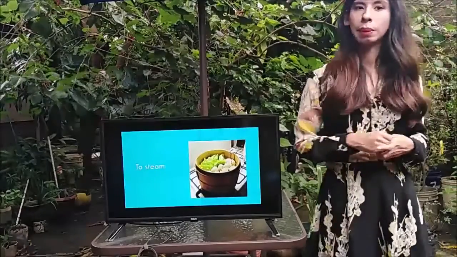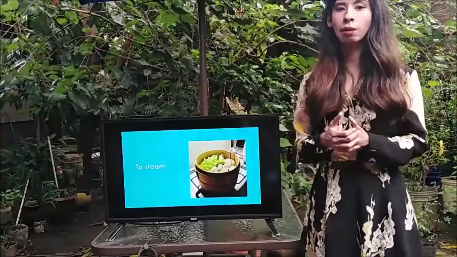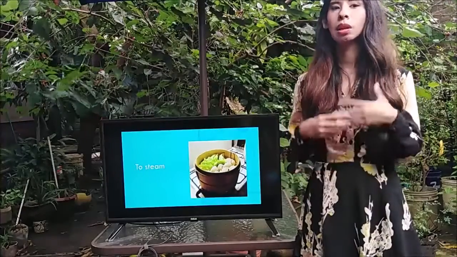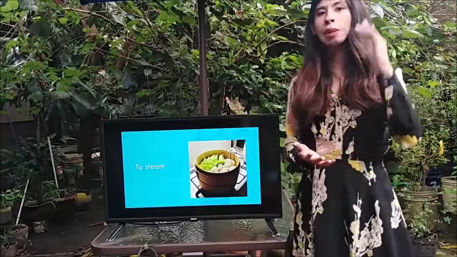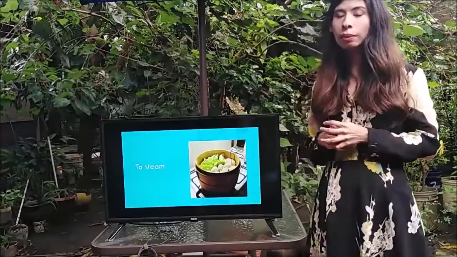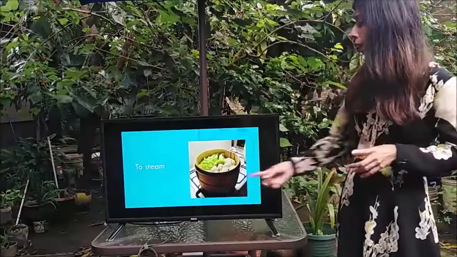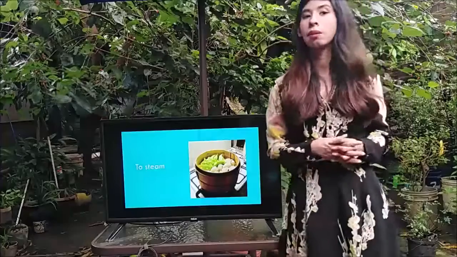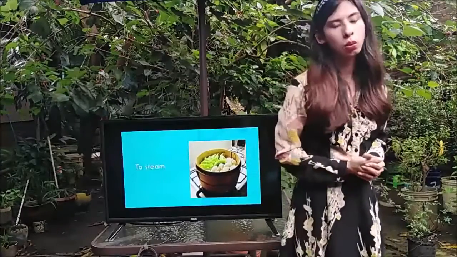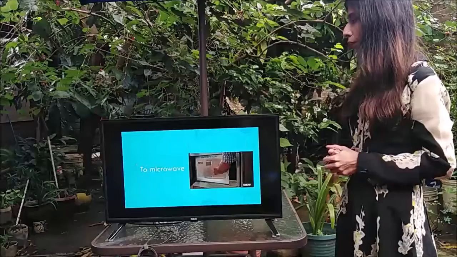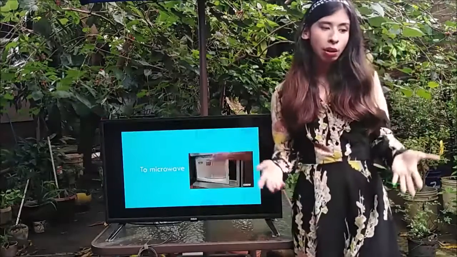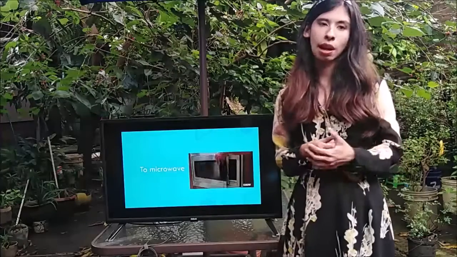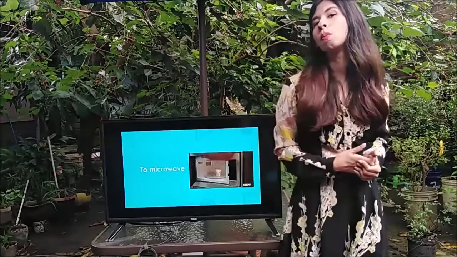We have to steam. To steam is whenever you are using some water that is boiling, so the steam that comes over this liquid or water, in most cases, is actually cooking the food. Cooking the food by means of steam is to steam. Then, whenever you're using a microwave oven, the action of putting the food inside so it can get heat is to microwave.